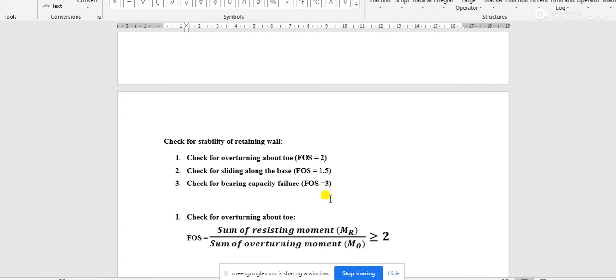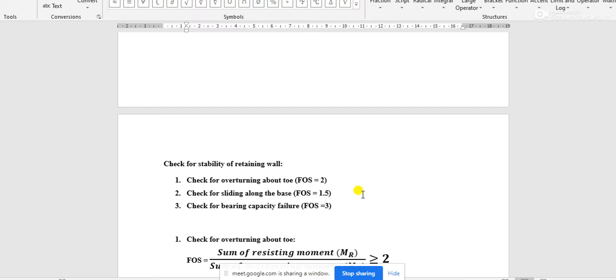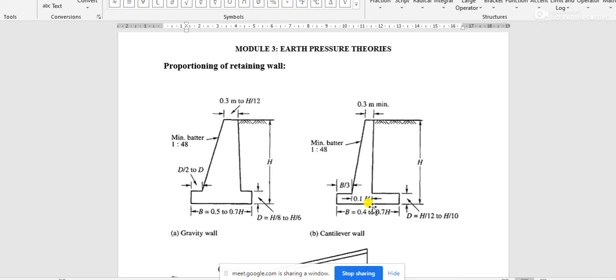The third one is the check for bearing capacity failure. I think you have studied bearing capacity in the shallow foundation chapter. Bearing capacity failure means this retaining wall actually settles down. The soil cannot take the weight and the load coming from the soil and this retaining wall.